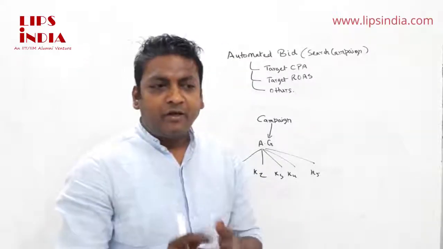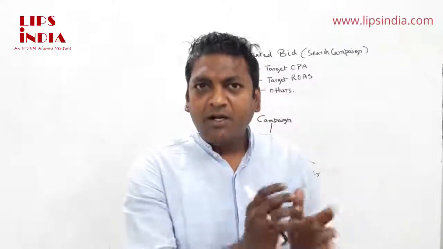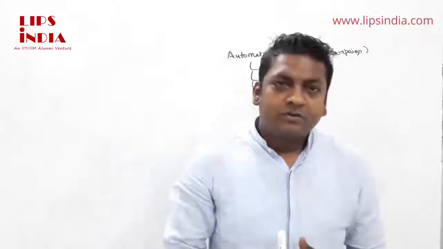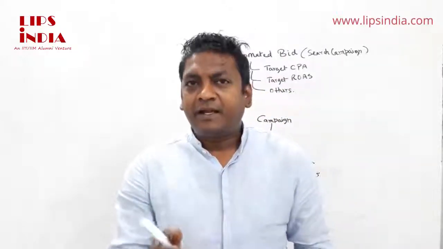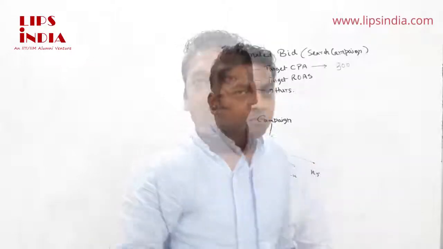So when you leave it on automated bid, leave bidding to Google, and you've chosen target CPA bid as an option, you assume that you would pay only when a conversion happens. While in reality, the amount of money which is spent is not related to the conversion.